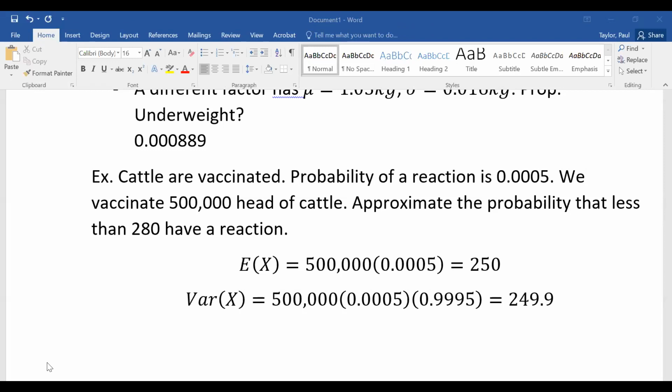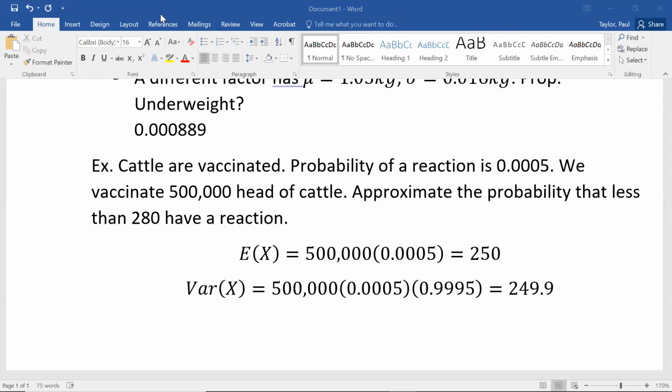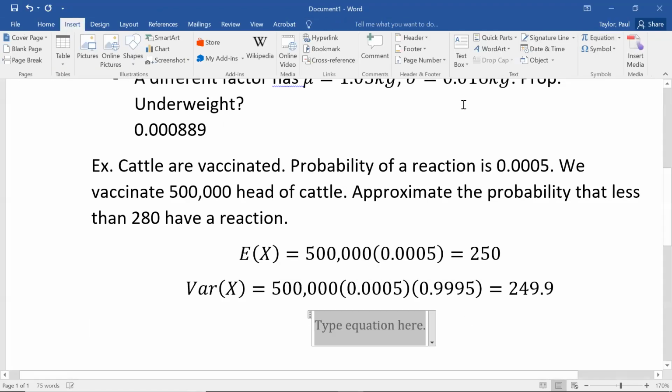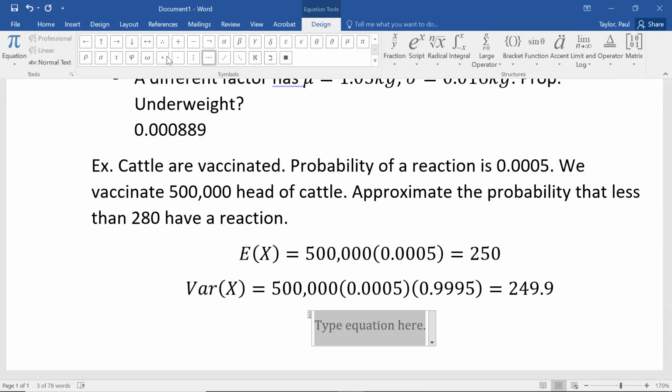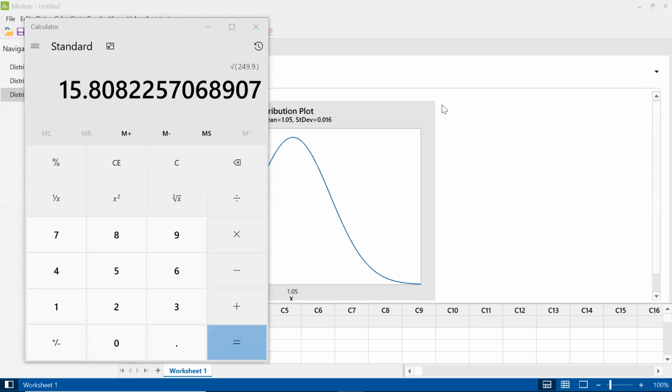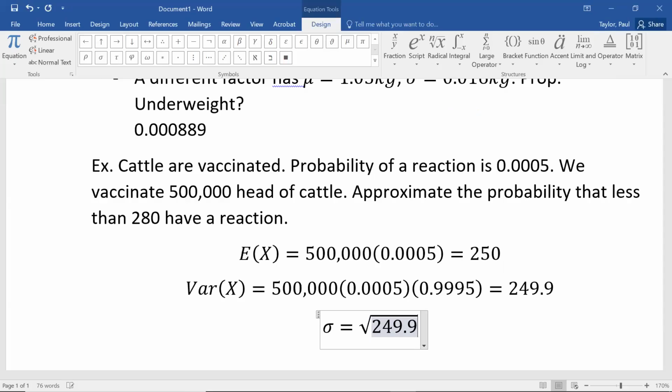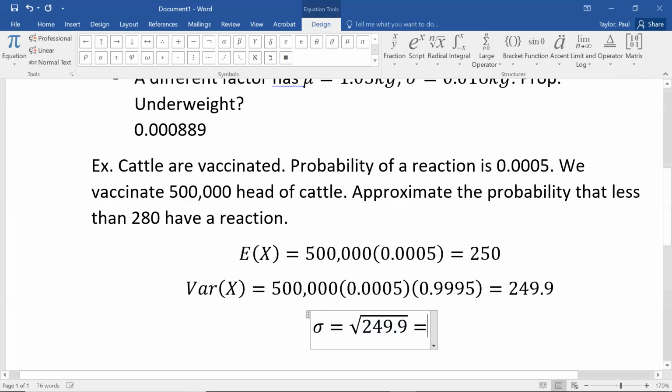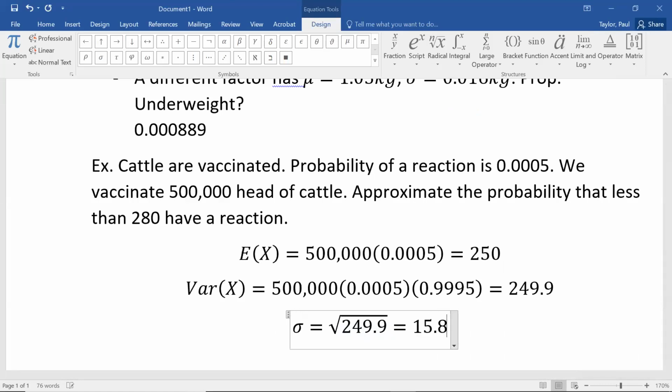I'm pulling up a calculator, and I'm going to take the square root of 249.9, and it comes out about 15.8. So our standard deviation is equal to the square root of 249.9, and with a few decimal points, 15.8082.